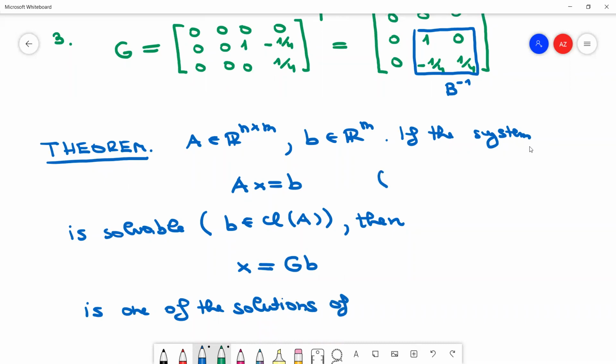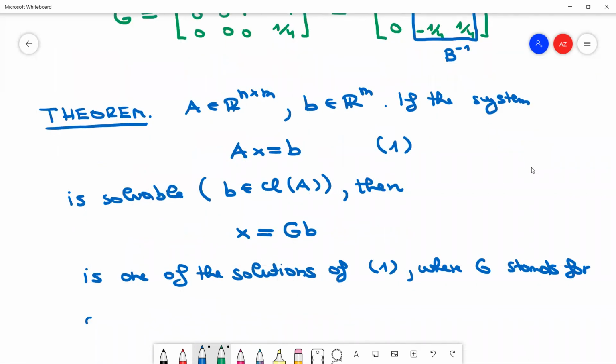I will write it with 1. So it's one of the solutions of 1, where G stands for a generalized inverse of A.